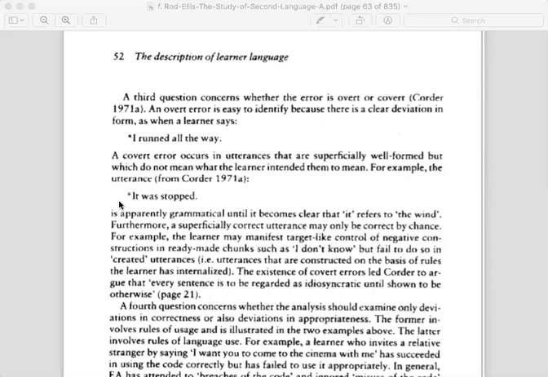The fourth question that we can consider while we are identifying errors is whether analysis should consider deviation of incorrectness, or also deviation of appropriateness.